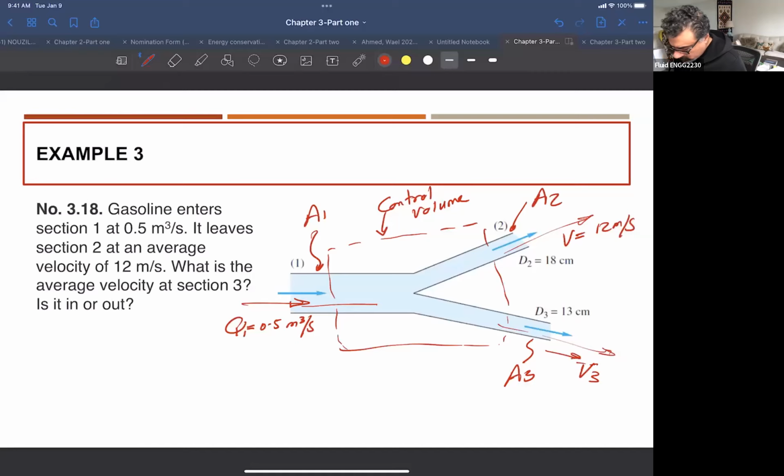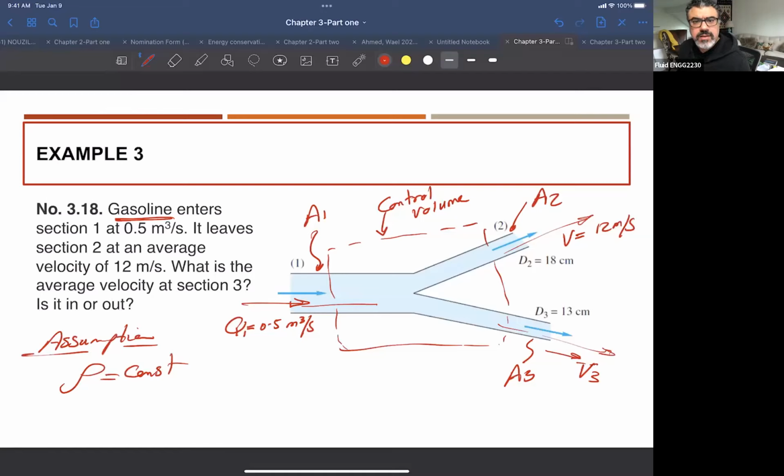So first of all, this is gasoline. So I can find out, for example, the gasoline density if I want, right? But the assumption is very important here, that the density is constant, right? Because this is liquid, it doesn't matter if I need to find the density or not. Why?